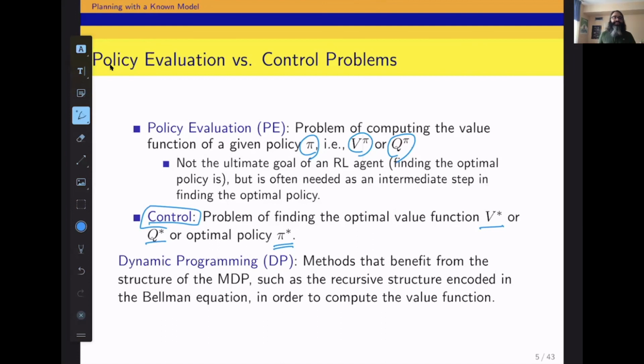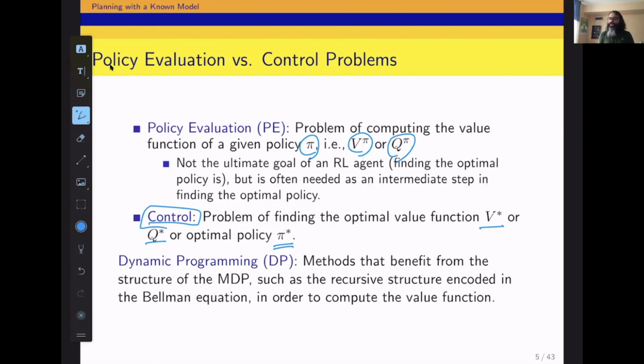The reason is that many planning methods or RL methods use policy evaluation as an intermediate step for finding the optimal policy. So having a module that can compute the value of a policy is going to be useful, and we are going to see one of those methods today.